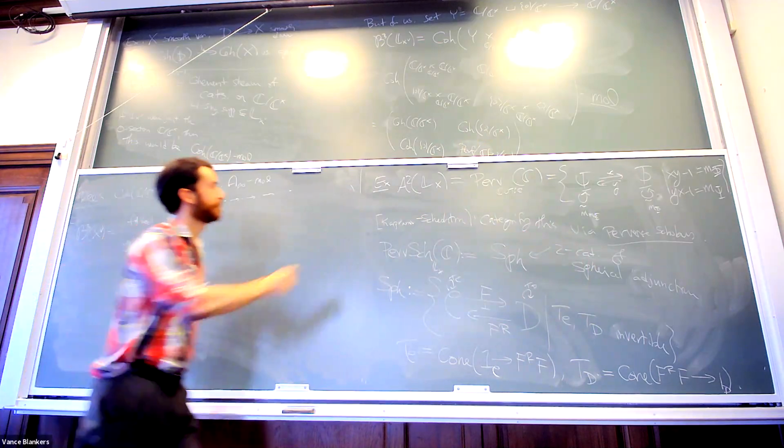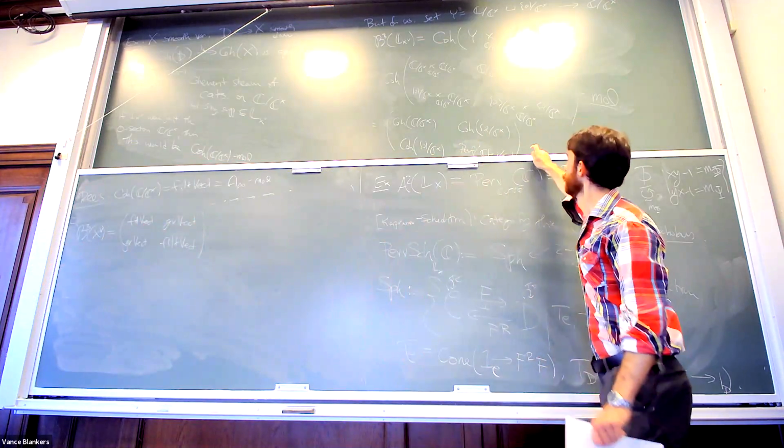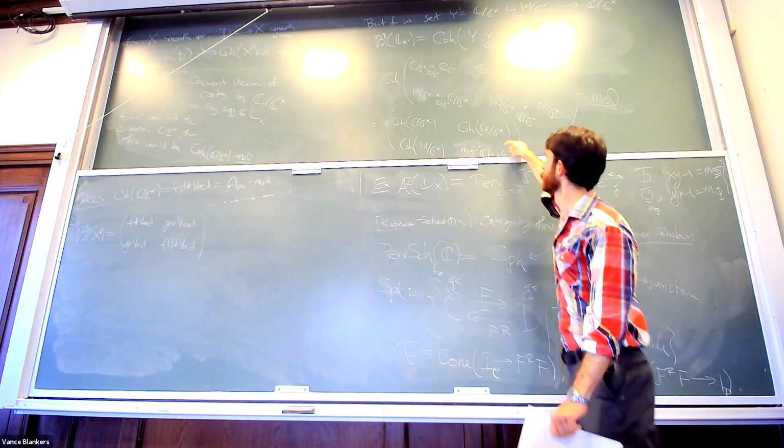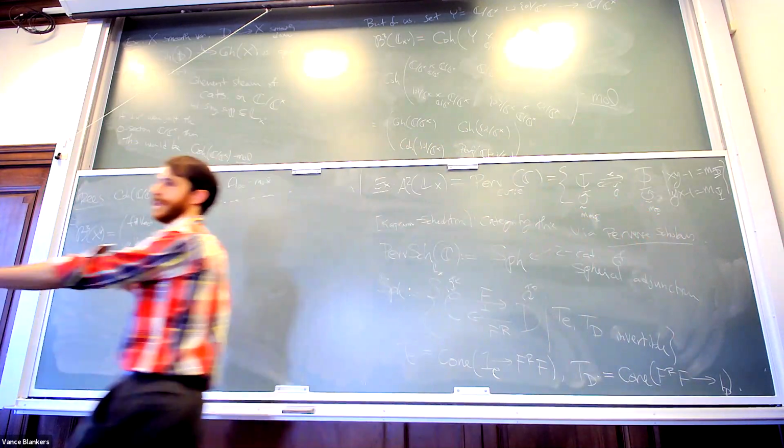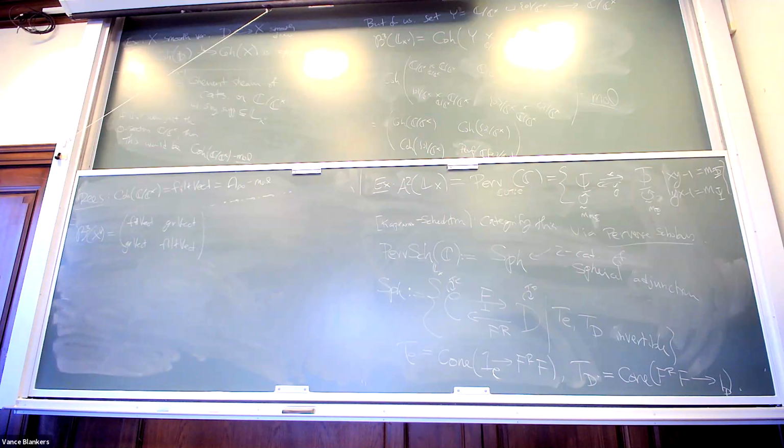I know there's a shift by 2 here that I wrote down. You can't even see it anymore, but you can cancel it out by a shearing trick. If you have a graded thing, then you can use the grading to shift the homological degree. I'm not going to get into it now. This is our answer now.